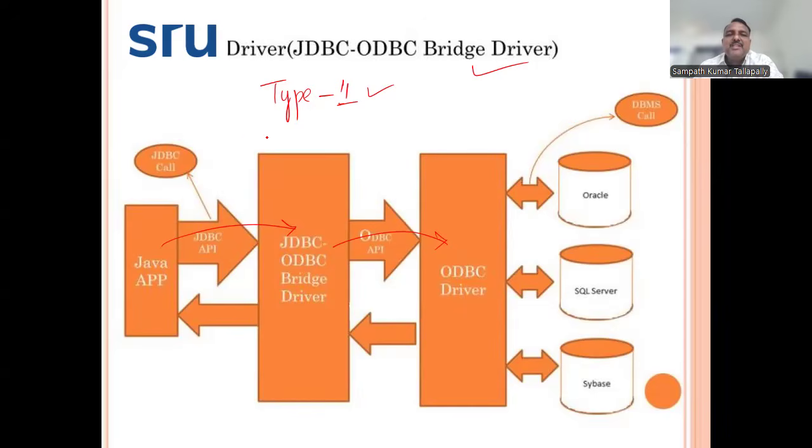So the information will be flowing in this direction, and after executing the query, the information generated by the engine or your database will be supplied to your Java application, where we can see the output of your instruction on the console of your Java application. So that is your type 1 driver.